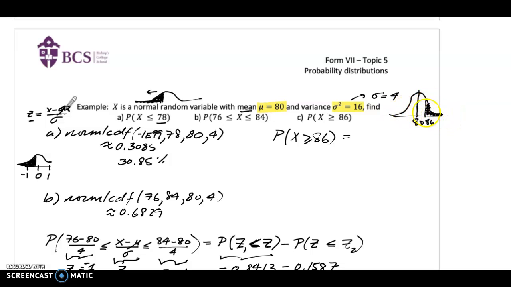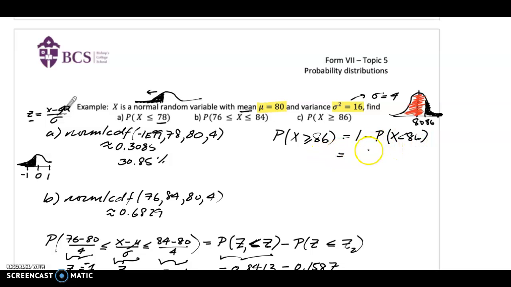So if I want all this shaded area under the curve, it's going to be 1 minus whatever is less than that. So it's a complement, right? So the idea here is the probability of x less than 86.